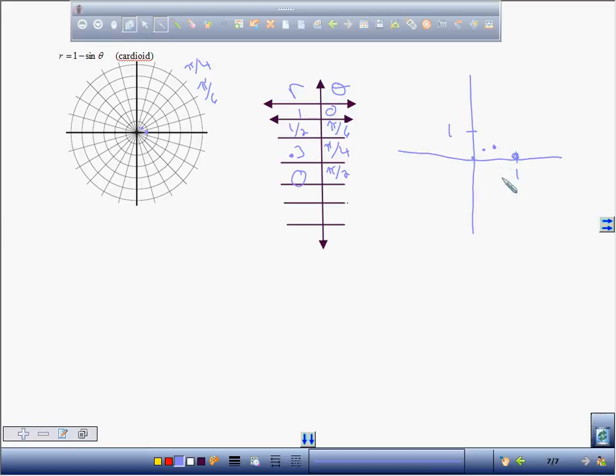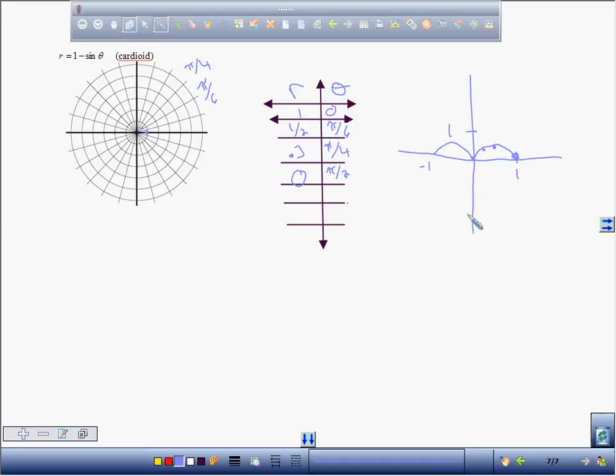So now what I have is part of my cardioid. Okay? Now, because this has symmetry, I can just sketch that it will go this way as well, right? But I need some points down here.